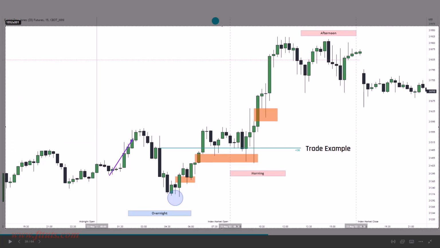Market creates a Judas swing, induces breakout longs here, where they're going to place a stop loss here, here, and here. And since this is low resistance, we can expect this low to get taken out. So these lows are low resistance. Breakout longs, they're getting trapped in the market.